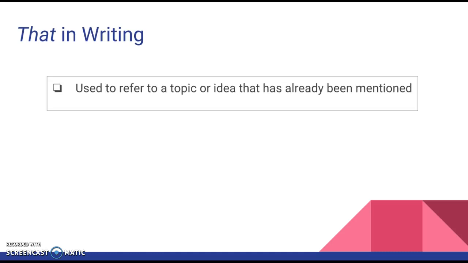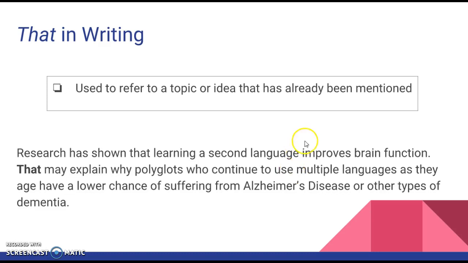In writing, that is used to refer to a topic or idea that has already been mentioned. So if we look at this little piece of text: research has shown that learning a second language improves brain function. That may explain why polyglots who continue to use multiple languages as they age have a lower chance of suffering from Alzheimer's disease or other types of dementia.